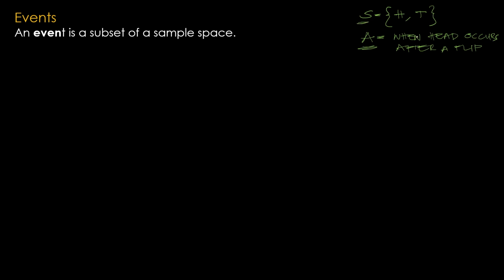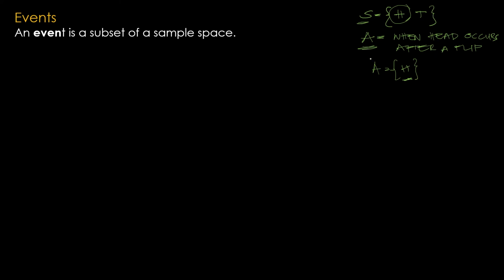Meaning, your event A is only this one, because you considered event A as when head occurs after you flip. What consists of event A is only the head. So an event is a subset, a part of your sample space.